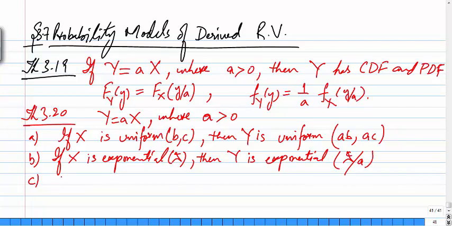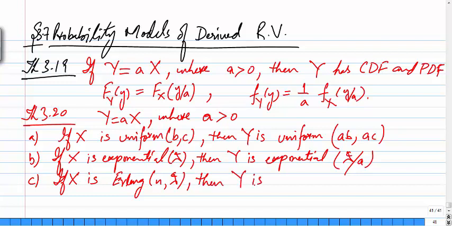C, if X is Erlang, that is n lambda, then Y is Erlang, n lambda by a.